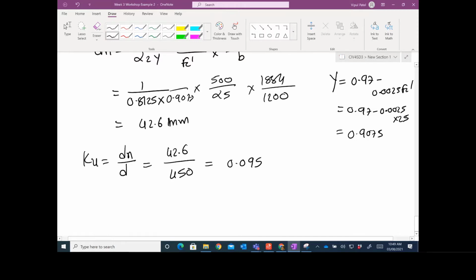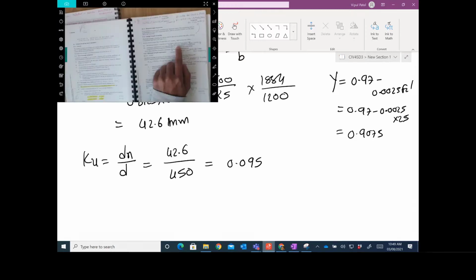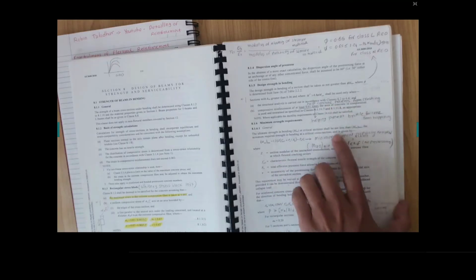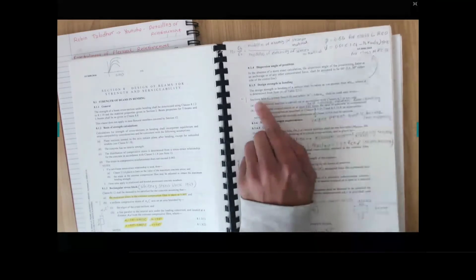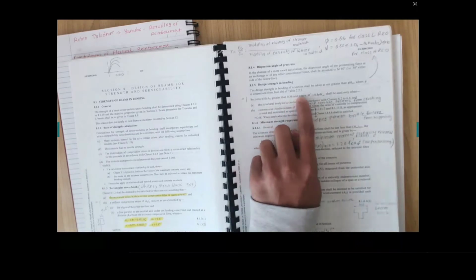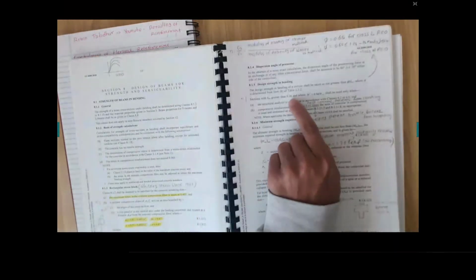Now the standard is saying that your KU, it's written somewhere here. Let me tell you where it is. Here. The standard says KU section with KU greater than 0.36 shall be used only when. So your KU should not be greater than 0.36.